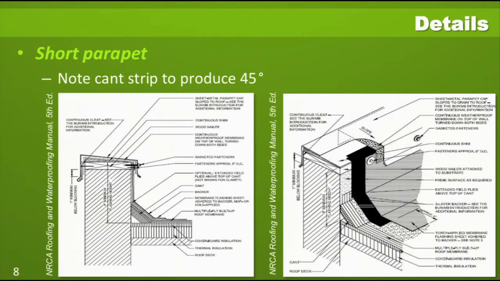Next, we're looking at a short parapet wall. At the base of the parapet, a 45-degree cant strip is installed, and the built-up roofing plies will transition from the low-slope roof up the cant strip and then a little bit up into the vertical portion of the wall.